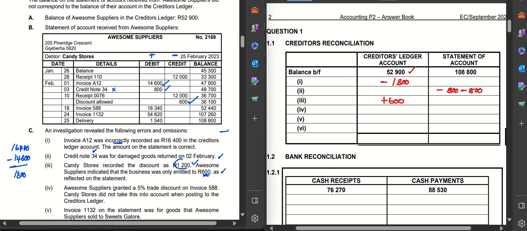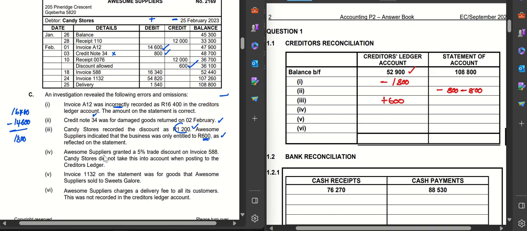Okay, let me go on. Number 4. Awesome Suppliers, that is them, granted a 5% trade discount on invoice 588. This is the invoice 588. All right. Candy Stores did not take this into account when posting to the ledger. So what kind of discount? It's a trade discount.